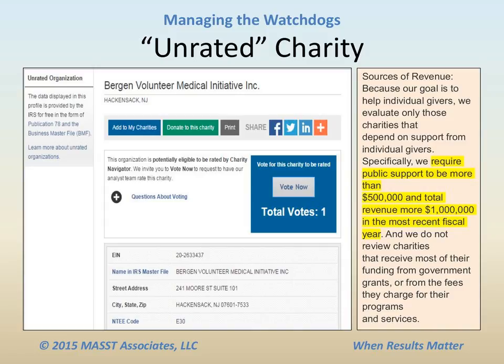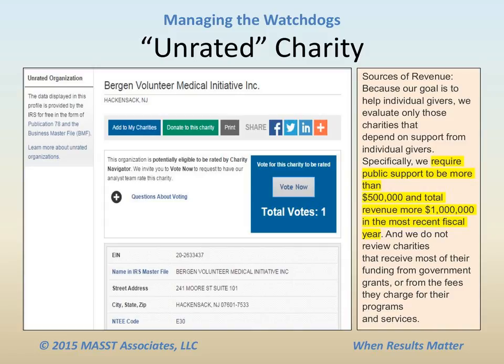And what I've seen with some nonprofits is as soon as that Vote Now button appears, they get very enthusiastic about having their supporters go on and vote for a rating. I'd like to just express a little bit of caution there.